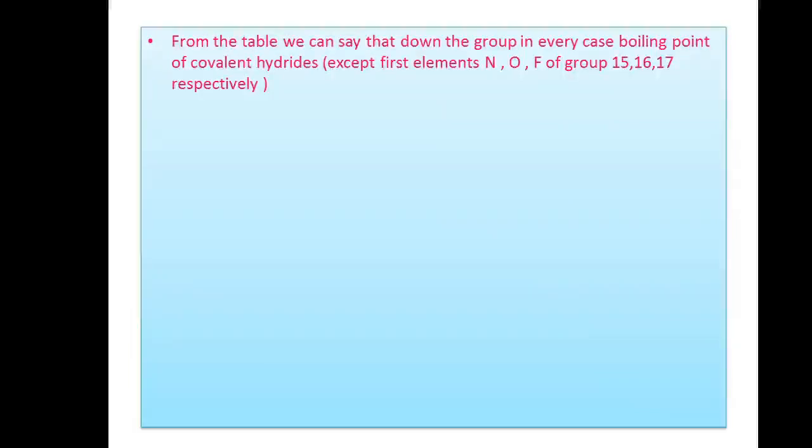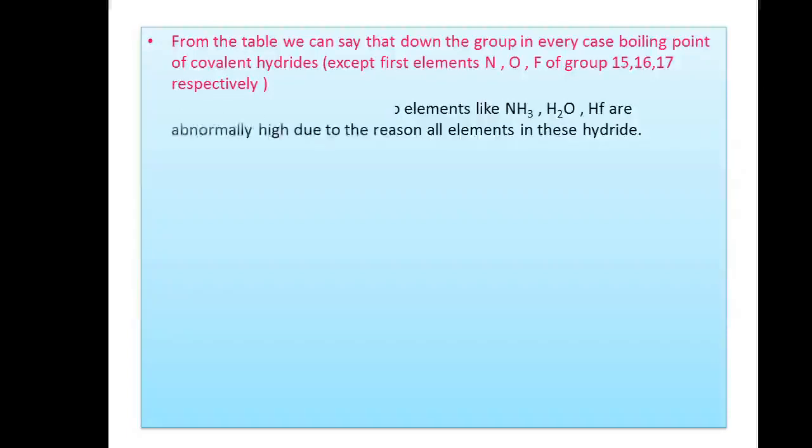From the table, we can say that down the group, in every case the boiling point of covalent hydrides increases except for the first element, nitrogen, oxygen, fluorine of groups 15, 16, 17 respectively.